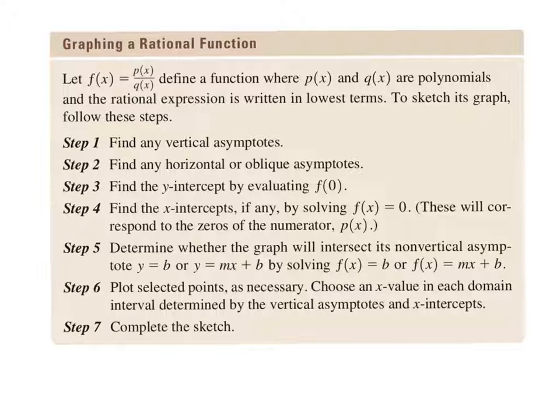Now we're going to go over how to graph a rational function. Alright, pretty much steps 1 and 2 say you start off by finding all the asymptotes: horizontal, vertical, and oblique or slanted. You also should find the y-intercept. Find the x-intercept by solving where the function is equal to 0. What step 4 means is the x-intercepts are located where the numerator is equal to 0.